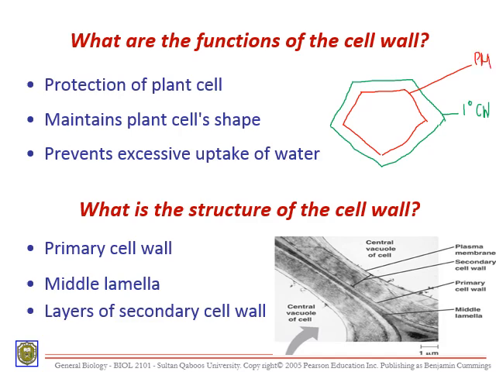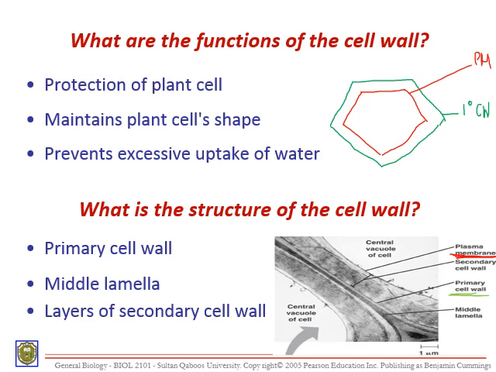Okay, so here in this figure, this is the plasma membrane, and let me select a green pen. This is the primary cell wall. Okay, now the primary cell wall is flexible. It's a flexible cell wall that a plant produces at the very beginning when it's young. When it's young, it produces a primary cell wall.